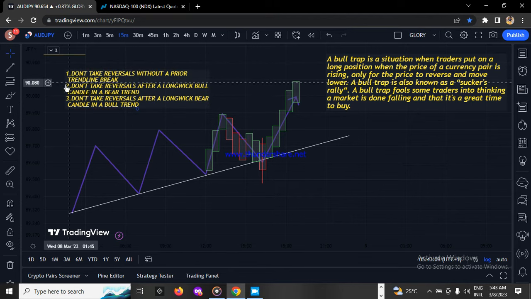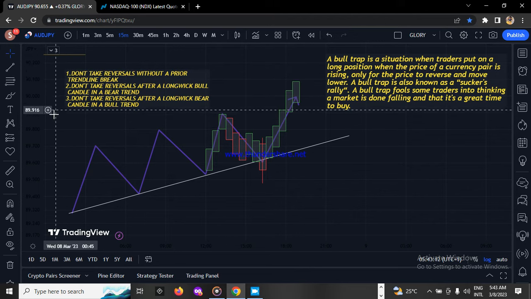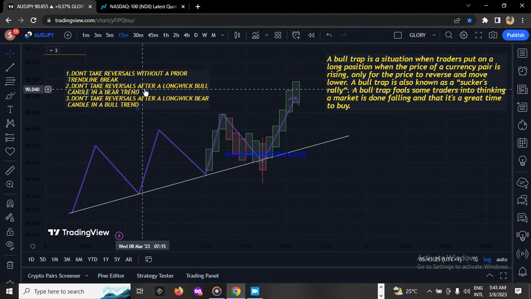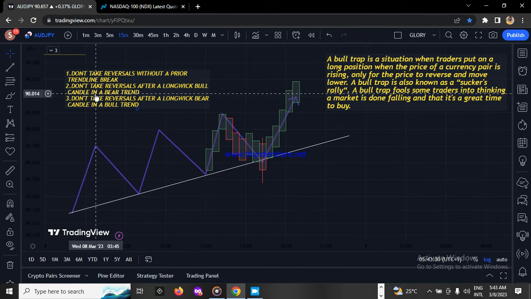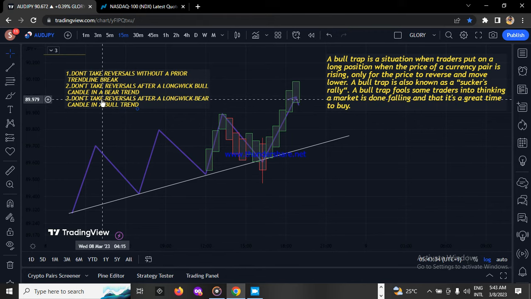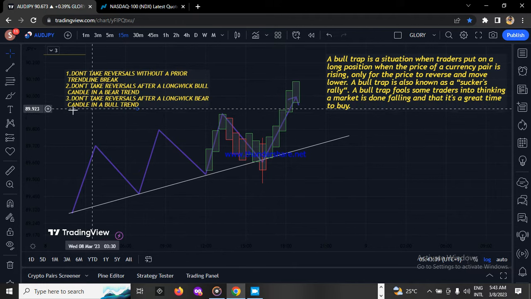Number 1, don't take reversals without a prior trendline break. 2, don't take reversals after a long wick bull candle in a bear trend. 3, don't take reversals after a long wick bear candle in a bull trend.